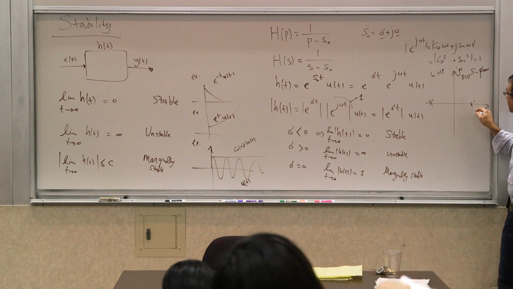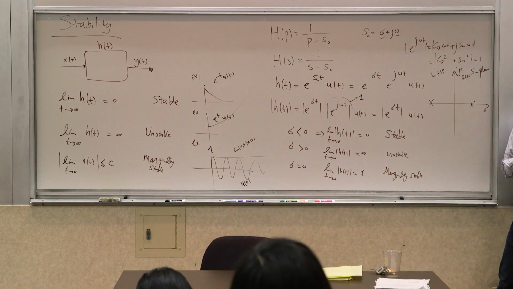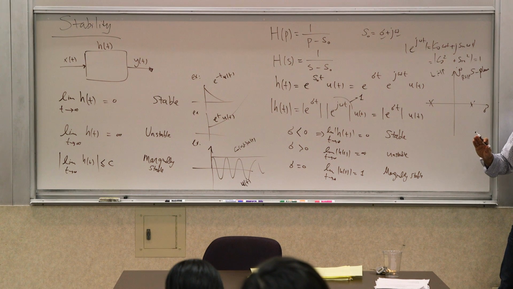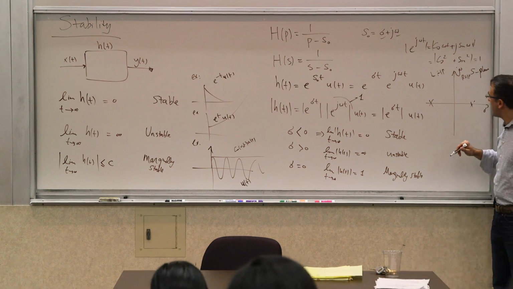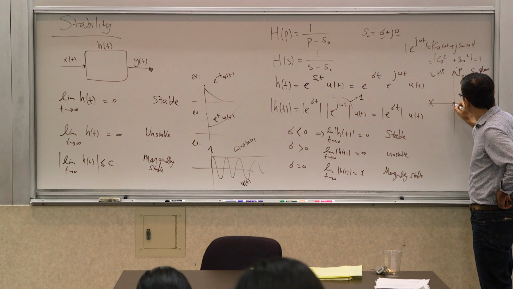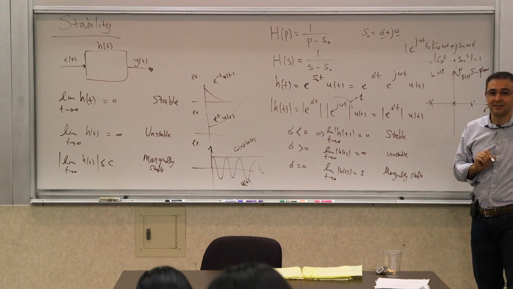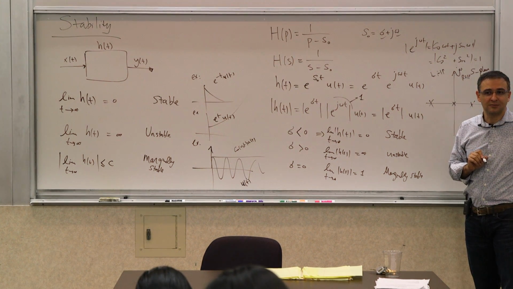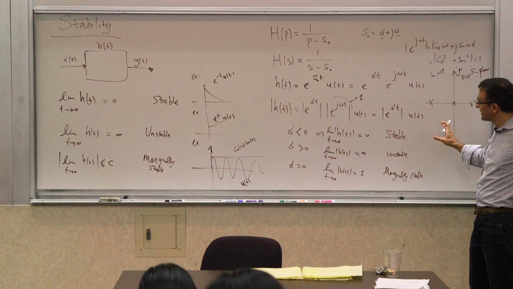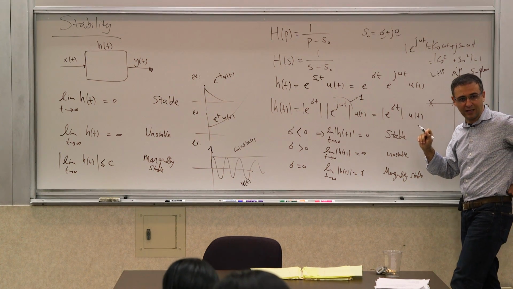And if you have a right half plane pole, the system is unstable. Now, if you have a pole right on the j omega axis, where sigma is 0, then it sounds like you have a marginally stable system, but we have to look at it a little bit more carefully now.